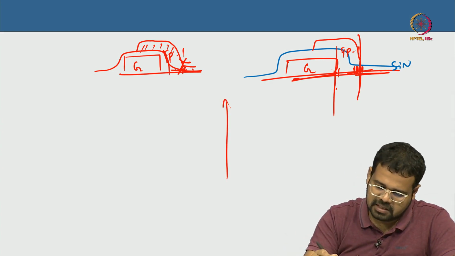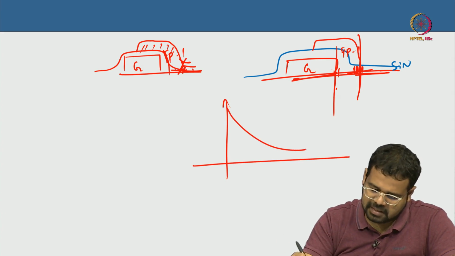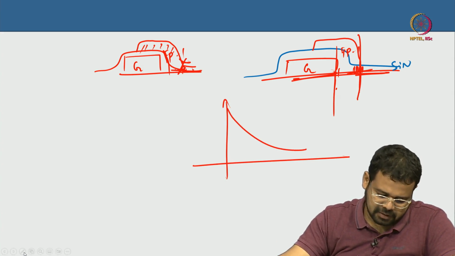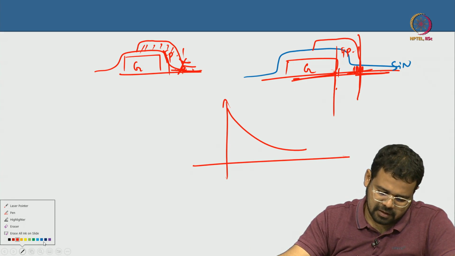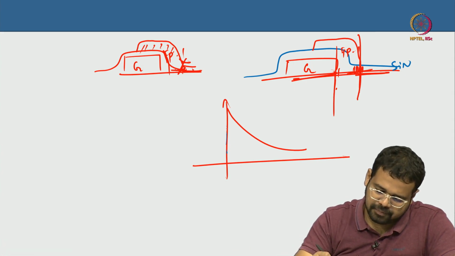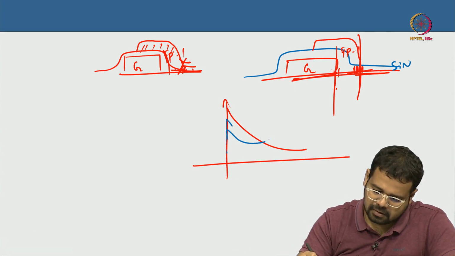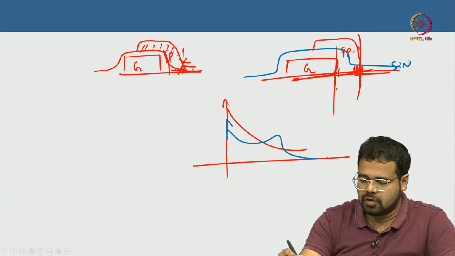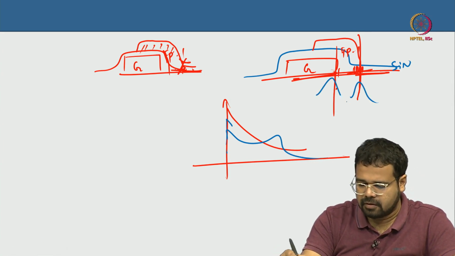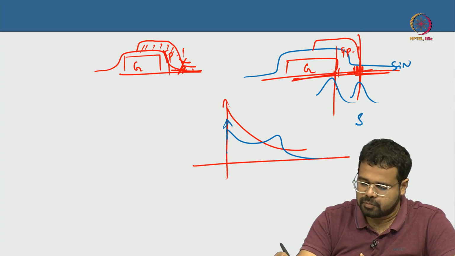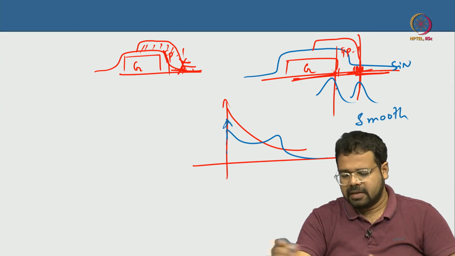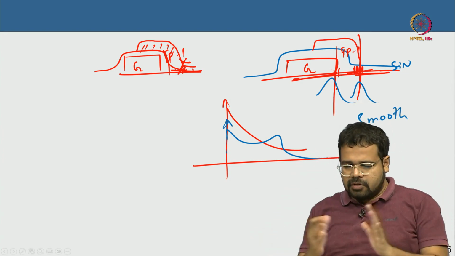So initially the field profile looked like something like that, but after putting the field plate the electric field profile would look something like that. So you have a peak here and you have a peak here, but it is smoothened out, or not completely smoothened out, but you distribute the electric field at 2 points.